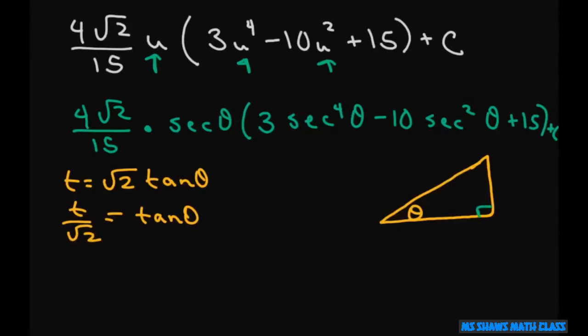That's a right triangle, and when you do the Pythagorean theorem, the hypotenuse is going to be the square root of t squared plus 2.